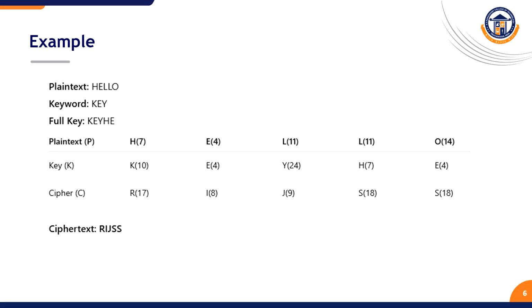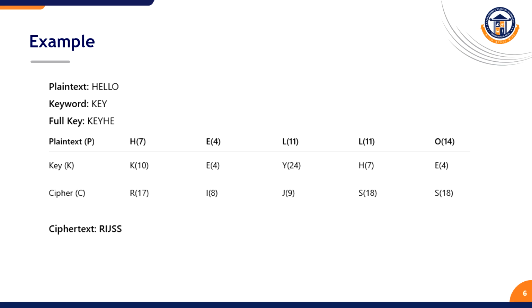Let's see one example. The plain text is HELLO, key value is KEY. Now we equalize the key value by adding the plain text to the key value. So what is the full key? KEYHE, that is the full key. Now take H and K. H is 7, K is 10, so the total is 17. What is the 17th alphabet?